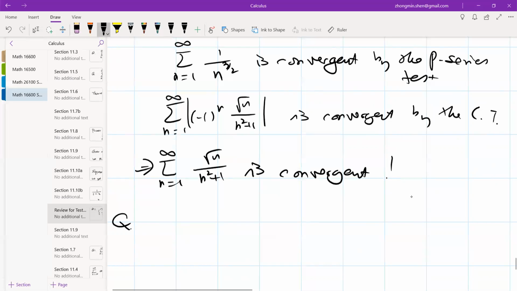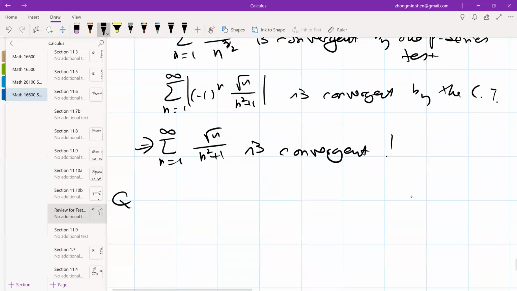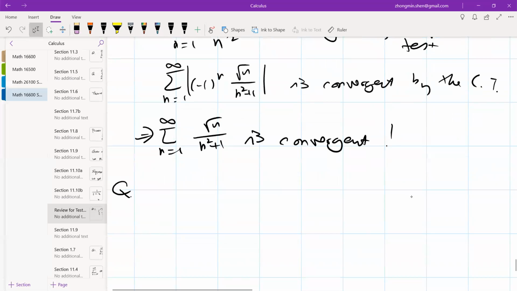The next problem, something like this one. If it's just n plus 1, then this is still convergent. It is conditionally convergent.